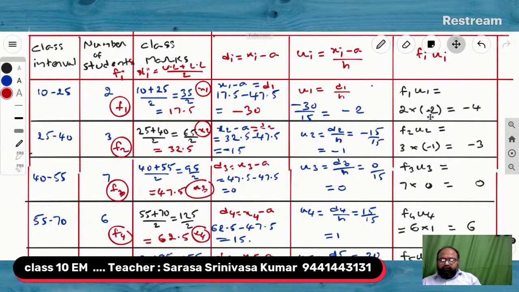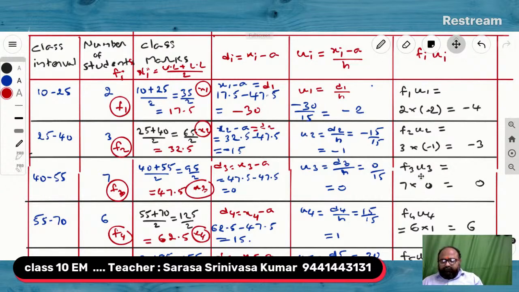You observe this table. So the product is minus 4. Next, f2 u2. f2 is 3, u2 is minus 1. 3 multiplied by minus 1 equal to minus 3.